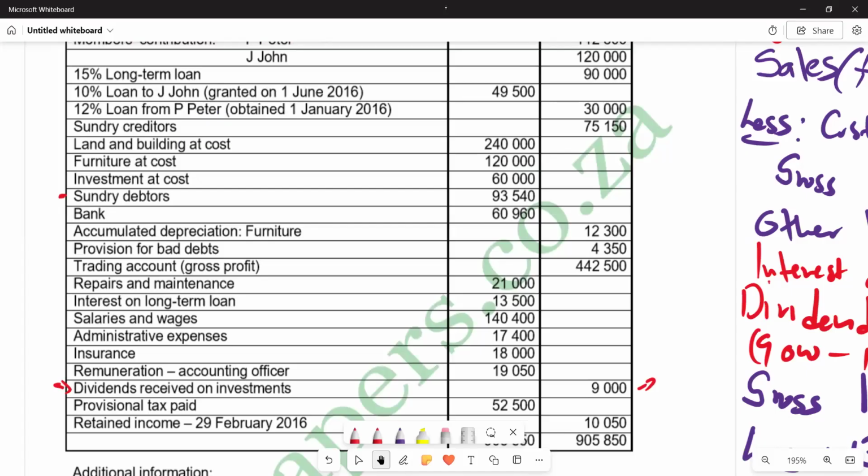So 20% of 120,000, that is 20 over 100 times 120,000. We calculate it as such.